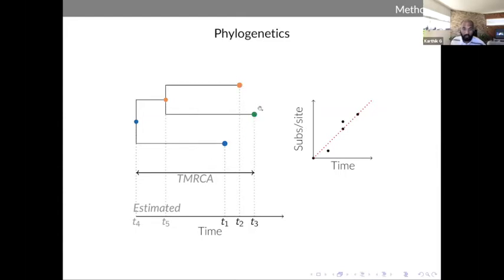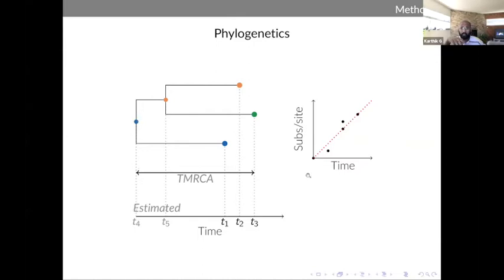As you can see here, these two genomes have a hypothetical ancestor that probably arose at time T5, which then arose from another ancestor at time T4. Another term you'll probably see during the presentation is TMRCA, which is time to the most recent common ancestor. The most recent common ancestor of these three genomes is this node here, where the TMRCA is T4.